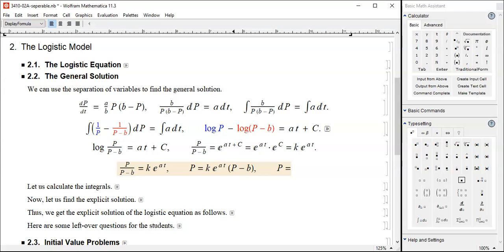p equals p times k times exponential of a t minus b times k times exponential of a t. Just broke off the parentheses. I'd like to have just a little bit of space here.